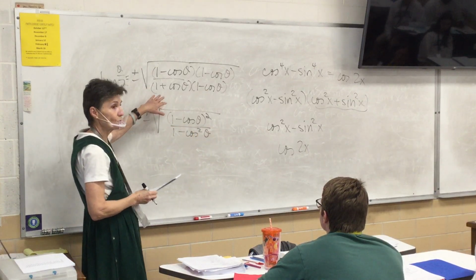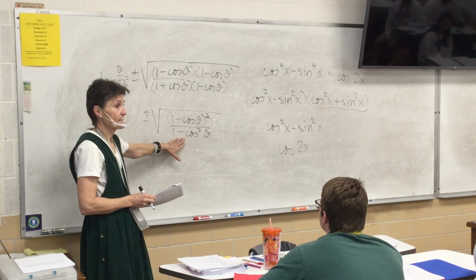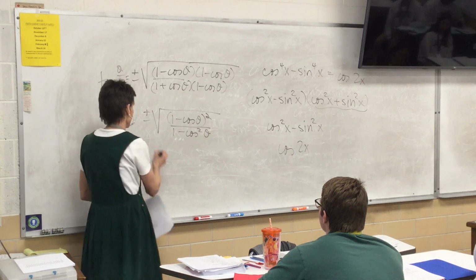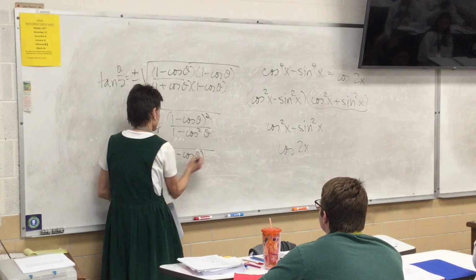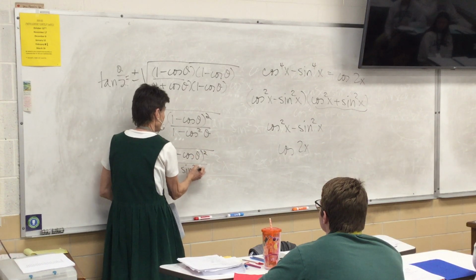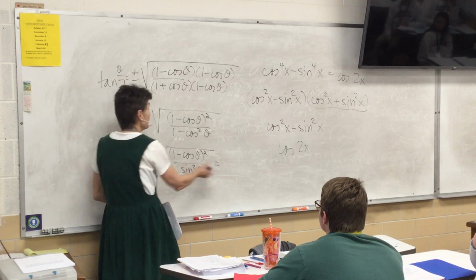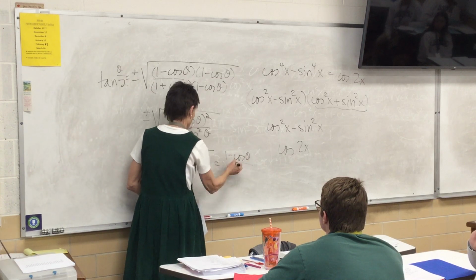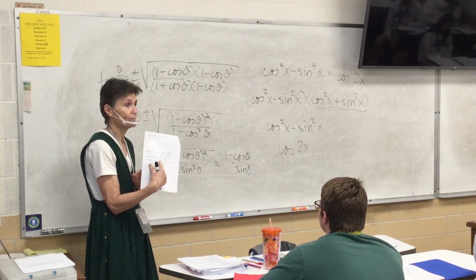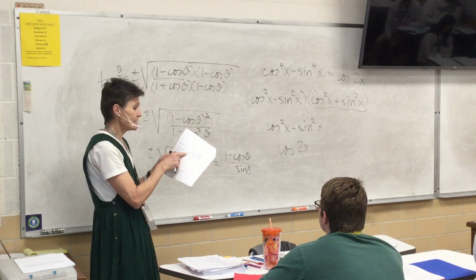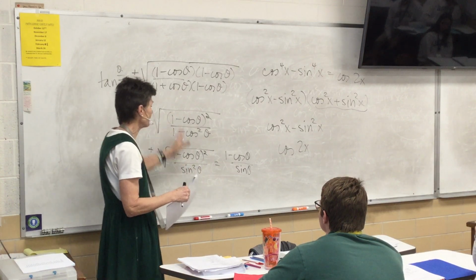Does that make sense to you? Well, what's that? 1 minus cosine squared. That's sine squared. So now you have 1 minus cosine quantity squared over sine squared. And what happens when you take the square root of that? You just get 1 minus cosine over sine, which is one of the other versions there. So when these things appear in more than one form, it's just because you've manipulated it.